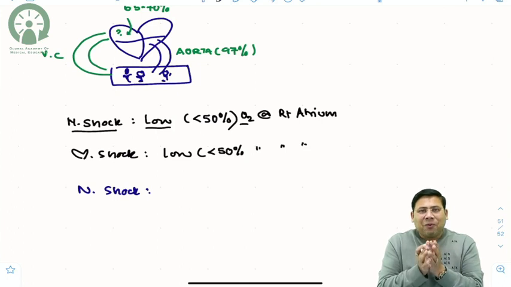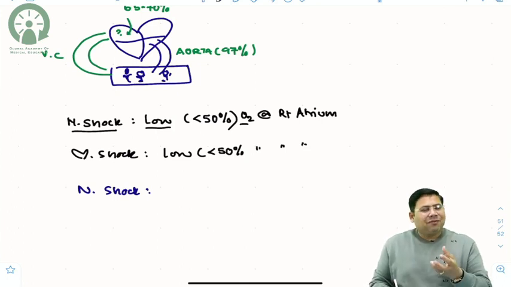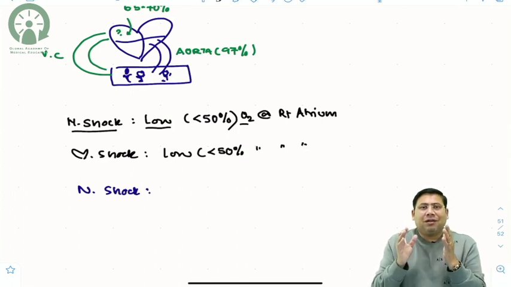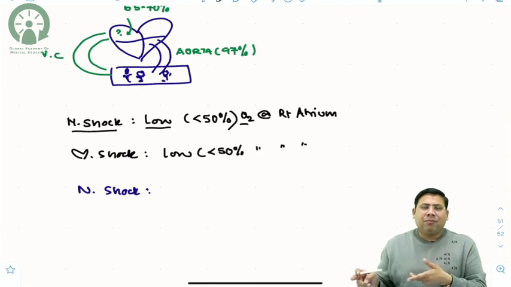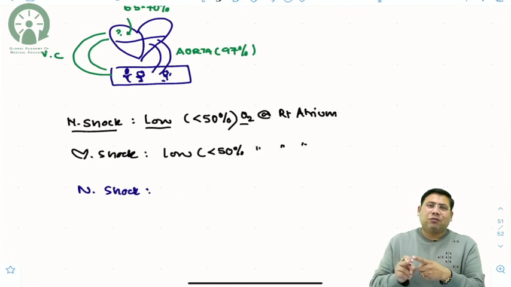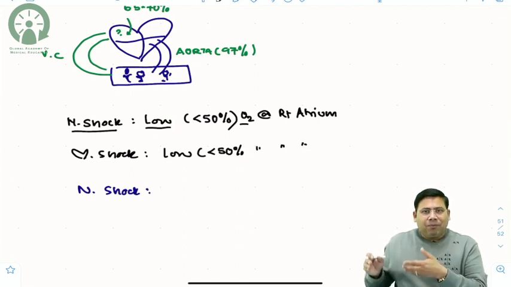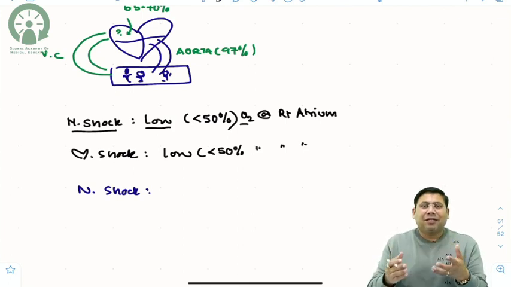When blood is not going to those organs, the oxygen will not be extracted, and thus the unused oxygen, or you can say blood which was underutilized, will be returned back. Body will say, I have given the blood, but unfortunately the tissues didn't get the blood. Why? Because it was pooled in the periphery. So when the blood is returned back to the heart, it is basically having a high oxygen.